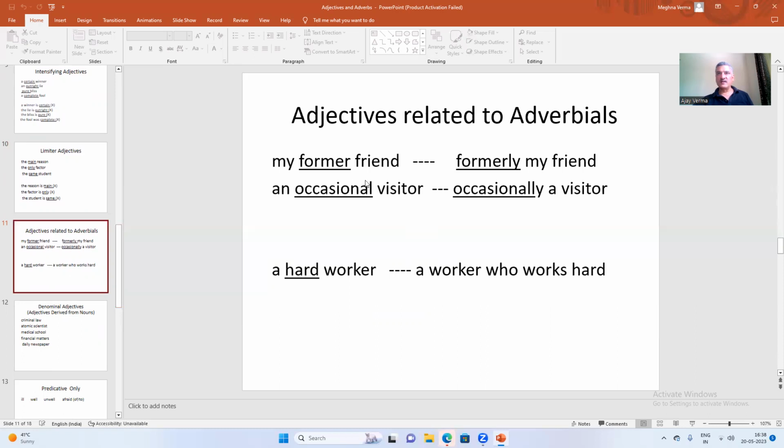You can see that there is a related use in adjective and in adverbial. The same meaning is conveyed in my former friend and formerly my friend. But we cannot say my friend is former. So an occasional visitor, occasionally a visitor. We cannot say the visitor is occasional. It will not be appropriate to use this adjective in a predicative manner.